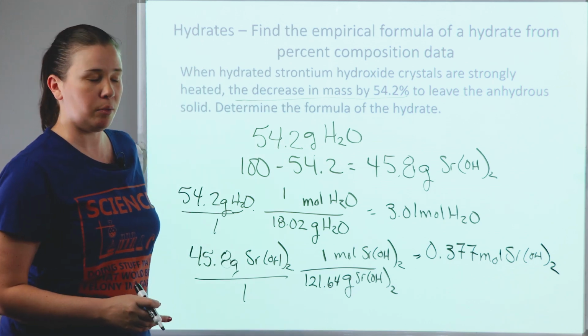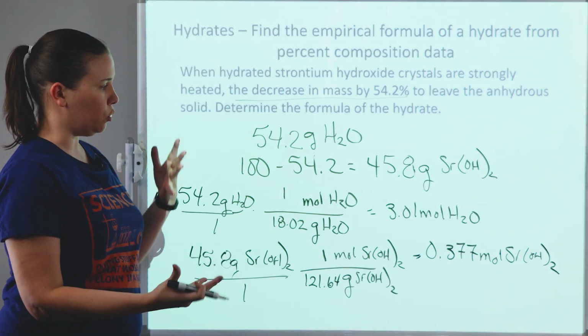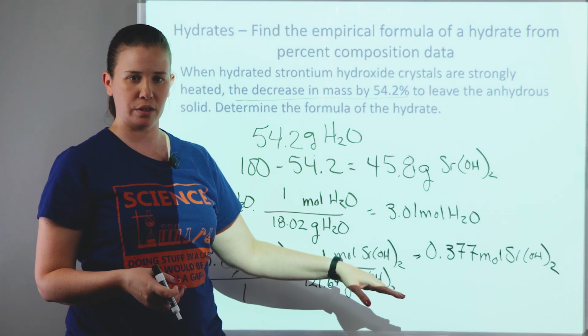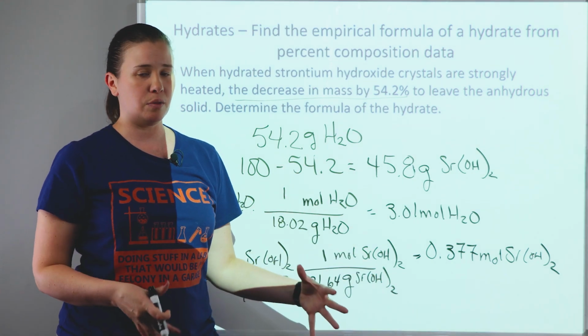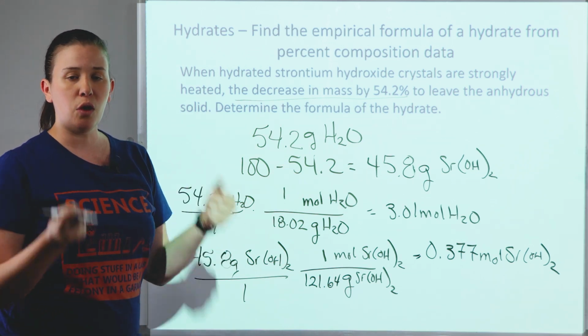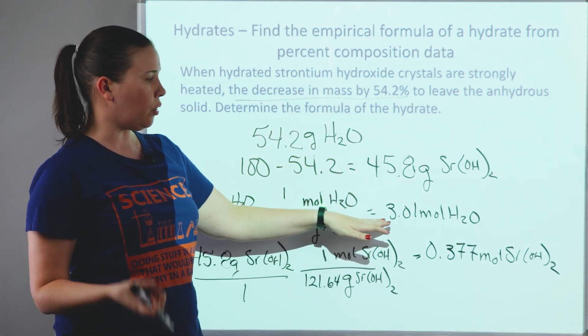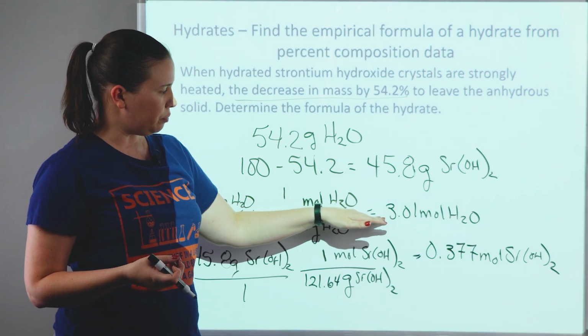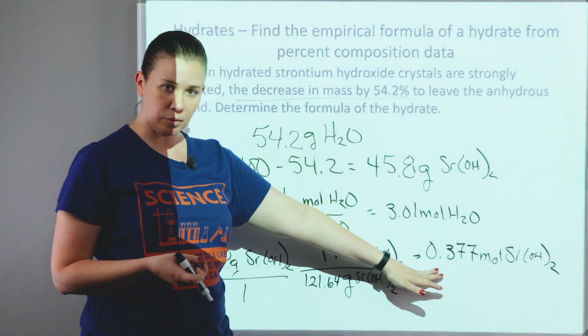So now that we have our moles, it's time to get our mole ratio, comparing moles of one thing to the other. Just like with finding the empirical formula, you always divide by the smallest. We want whole numbers if we can. So big number 3.01, little number 0.377.